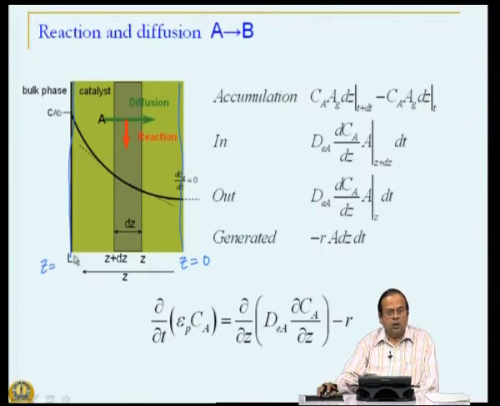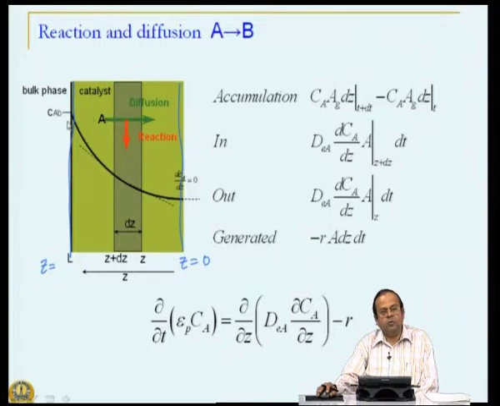This is the outer surface and this is the center. Now, we have seen this earlier. What will typically happen is gas will flow in. We are not considering external resistance as of now, but we will bring that in a little later on, something which we discussed at the beginning of these sessions on heterogeneous catalysis. So, the concentration at this point is the bulk concentration C_AB, and concentration will decrease gradually as material moves through this porous catalyst.